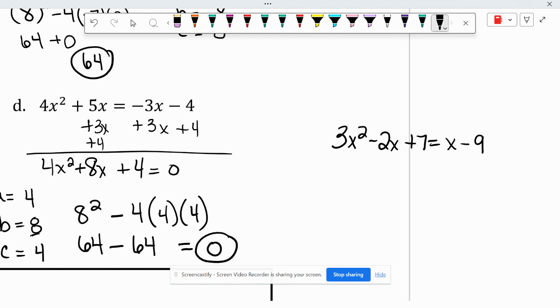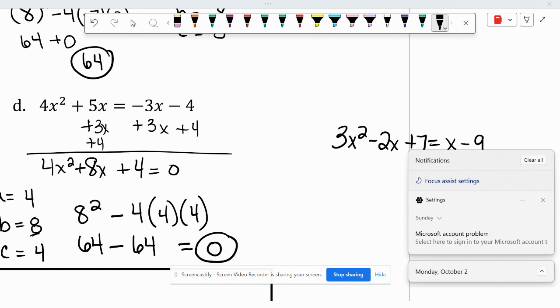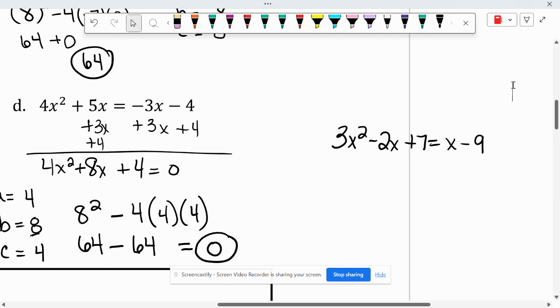It's 3x squared minus 2x plus 7 equals x minus 9. I'm sorry, you guys. I'm doing the best I can today. 3x squared minus 2x plus 7 equals x minus 9. I want you to put it in standard form and find the value of the discriminant. Everyone should be able to do that.